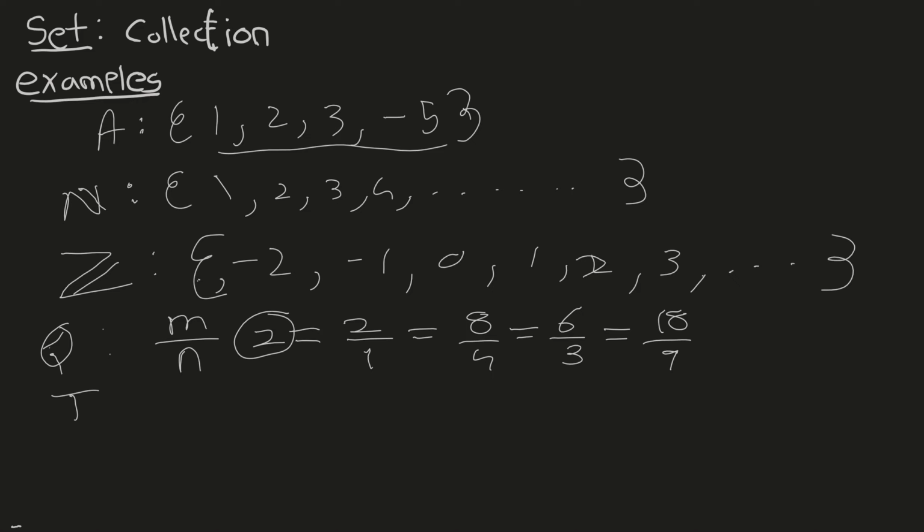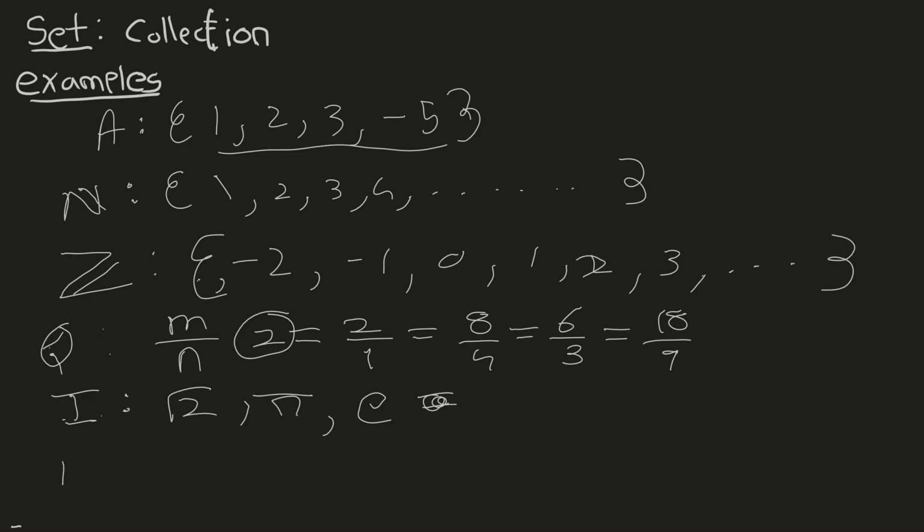So let's look at the irrational numbers. Irrational numbers are numbers which cannot be written in the form m over n. For example, √2 is an irrational number, so is pi, so is the special number e. So all these are not rational numbers because they cannot be written as fractions, and we'll prove why √2 is not rational later in the course.